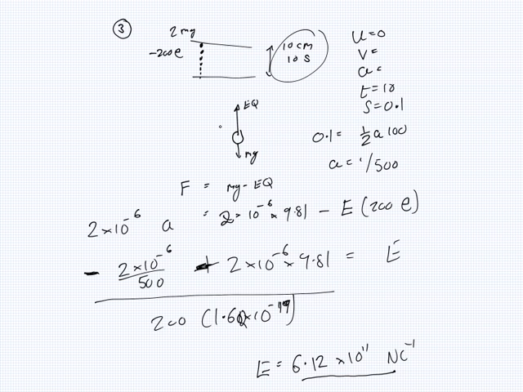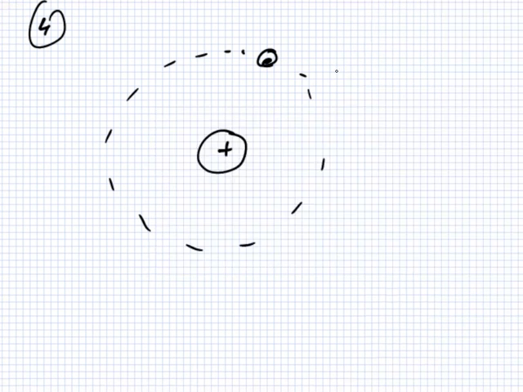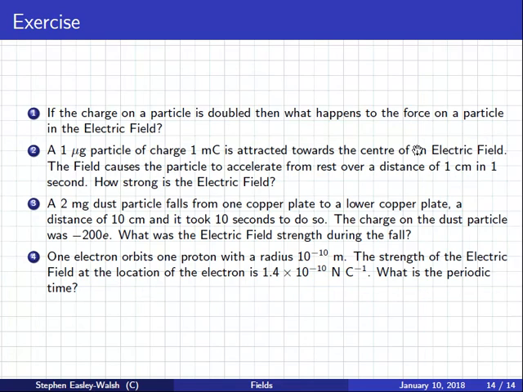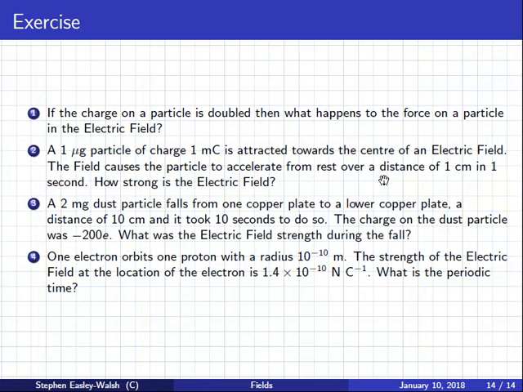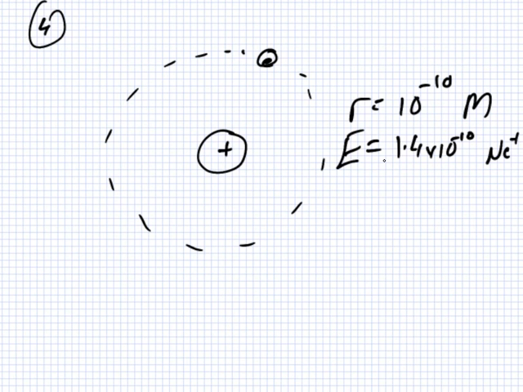Yeah? Number 4 now? Okay, number 4. You have a proton and you have an electron. And what do I tell you? I tell you that the radius is 10 to the minus 10 meters. I also tell you the electric field strength is 1.4 times 10 to the minus 10 newtons per coulomb. And what is the time it takes to loop around?